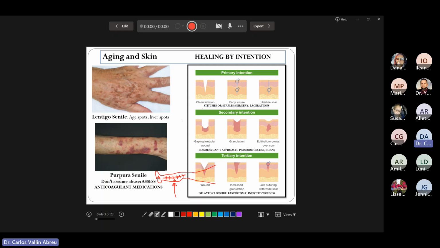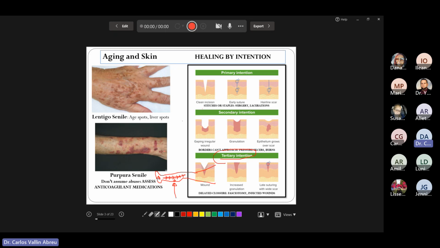So there is a postponed, a delayed closure days after the incision is open, waiting for the edema, the infection, or whatever requires a delay in the closure of the wound to happen. So fasciotomy is an example of tertiary or delayed or postponed closure of the incision.